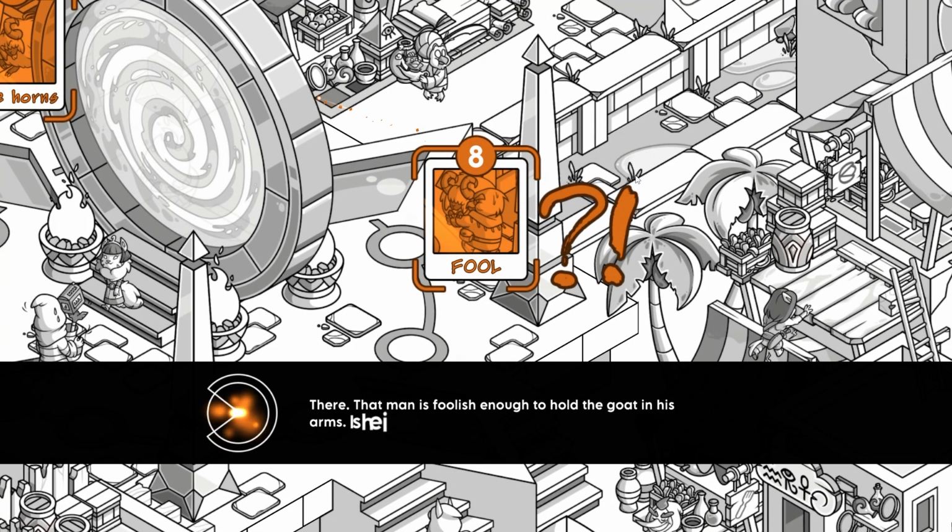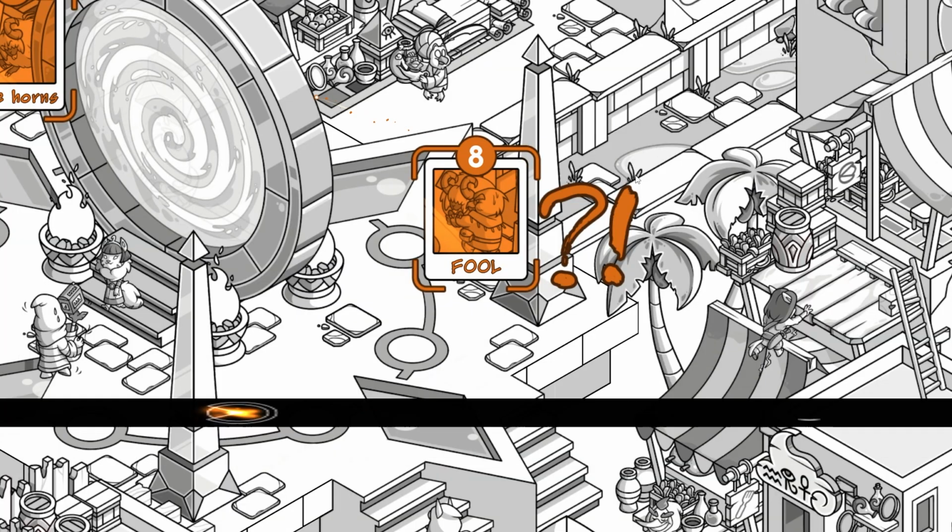There! That man is foolish enough to hold the goat in his arms. He is its owner, or is the goat really the master? Let's find his identity, hoping we have enough clearance this time.